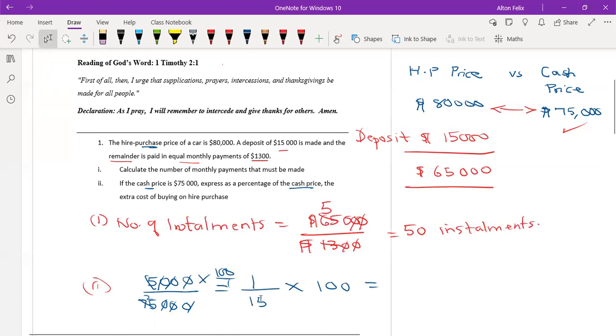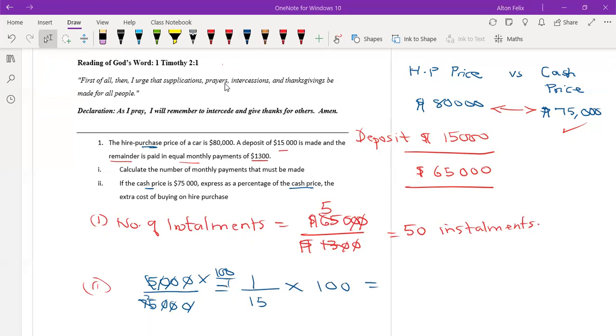And 1/15th as a percent works out to be 1 divided by 15, multiplied by 100.